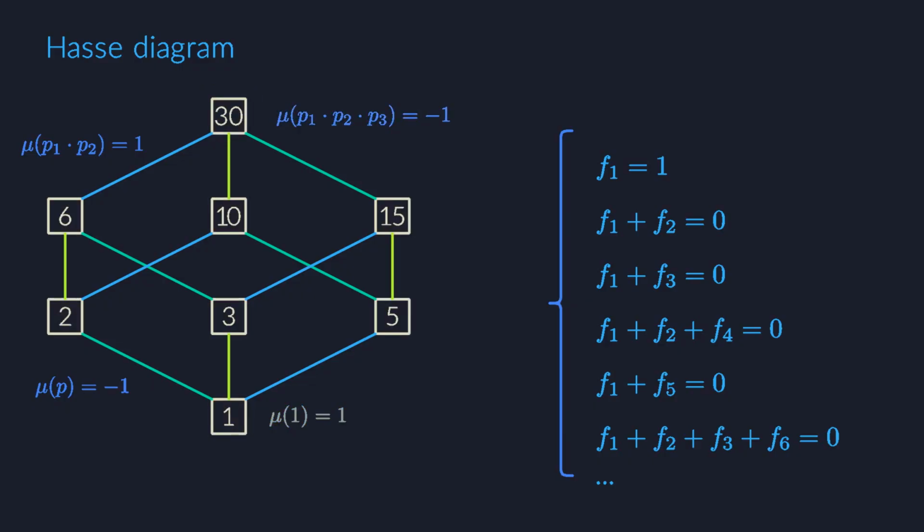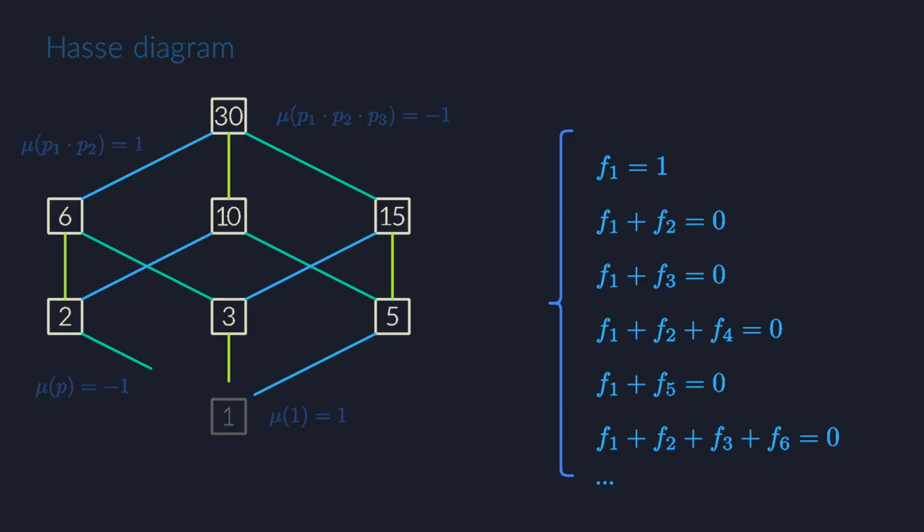So, as we go up the diagram, and the number of prime factors increases, the required value for mu keeps alternating between 1 and -1. In other words, if a number has an odd number of prime factors, mu has to map it to -1, and for an even number of prime factors we must have 1.